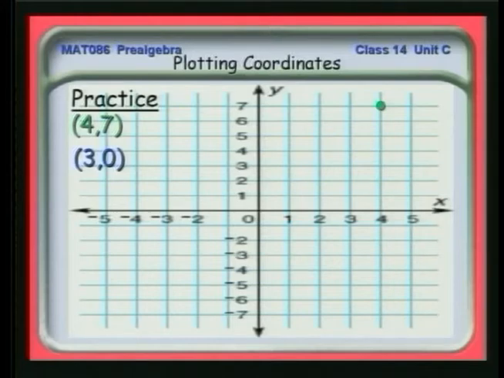This tells us we go 3 to the right, but we don't go up or down because the y value is 0. Let's try one more. -3, -5. This tells me I go along the x-axis -3, which is 3 to the left, and then the y value is -5, so then I go down 5 units and plot the point there.